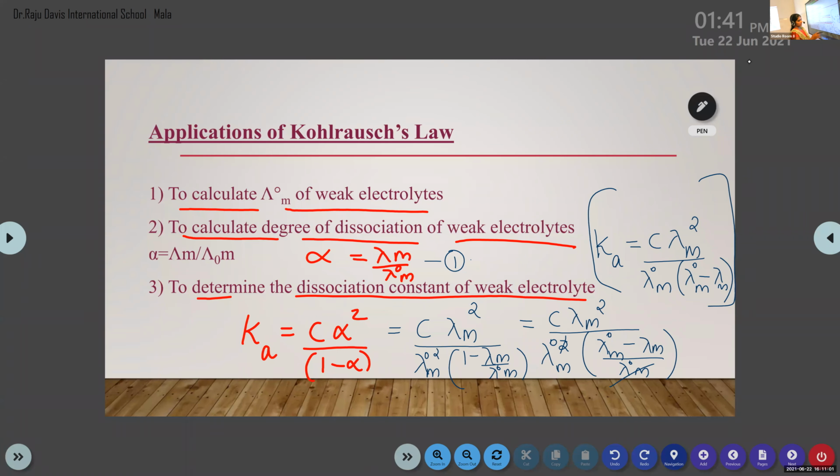Then we can cross multiply these values in the bracket, and the lambda 0 m is cancelled, and the final equation becomes Ka is equal to C lambda m square divided by lambda 0 m into lambda 0 m minus lambda m. Okay, is this clear? Yes or no? Tell me, do you have any doubt?